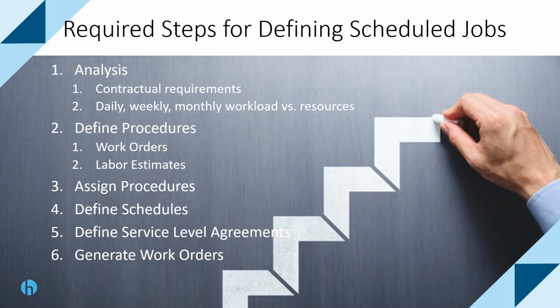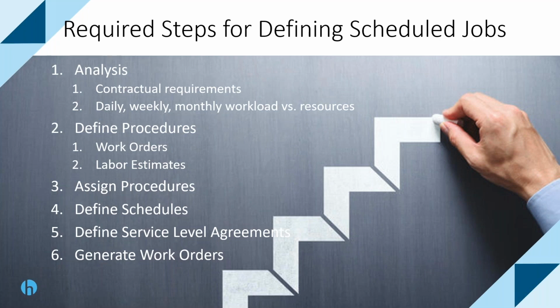Step 2 is to assign those procedures to all the locations or physical objects, typically equipment, that you're going to maintain or assign work to. Step 3 is to identify for each object type or procedure how often you're going to do it and when it's going to start. And then in the background, once work orders are generated, you need to have service level agreements set up to define the workflow for each of those jobs.